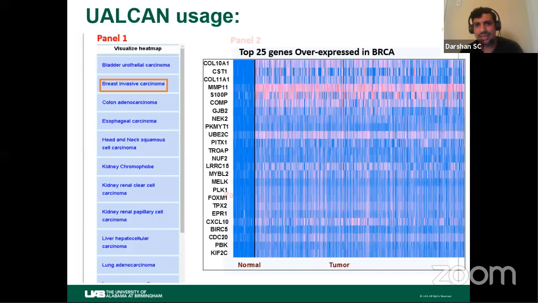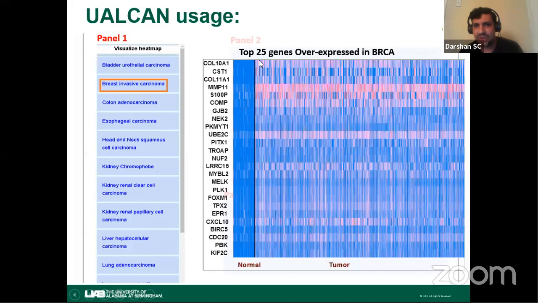One block is the expression of a particular gene called CA10A1 in 114 normal tissues, and this is the expression of the same gene in 1095 tumor tissues.